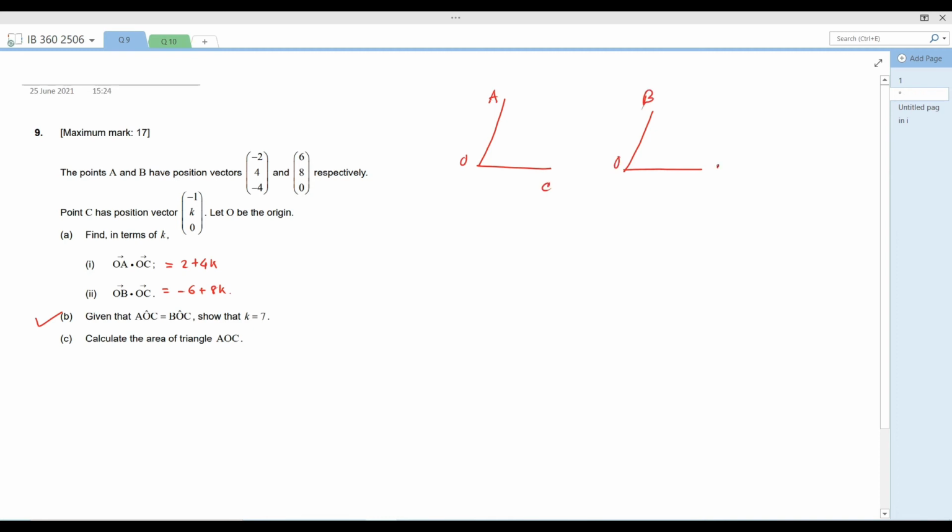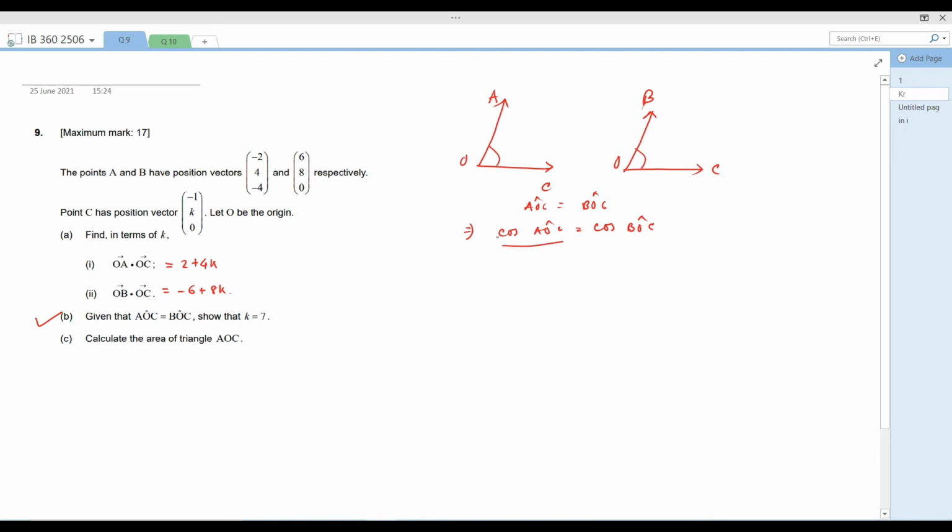So if AOC equals BOC, then we can write cos of AOC equals cos of BOC. Now these are the vectors OB and OC, and OA and OC, so obviously we will use the cos formula for vectors.